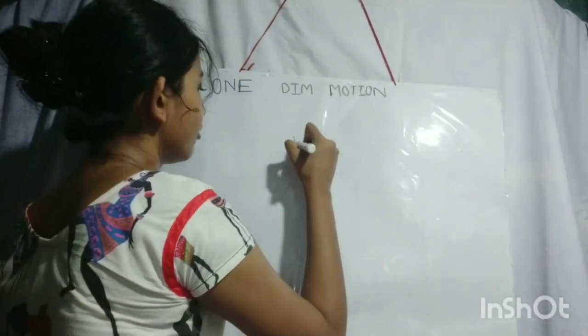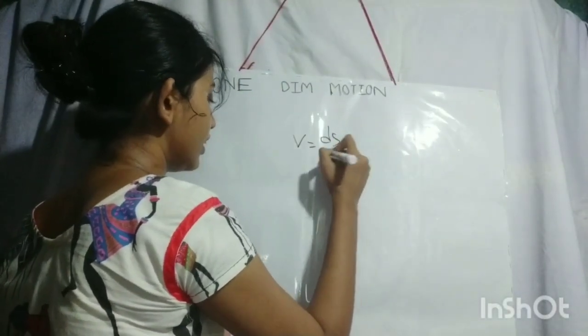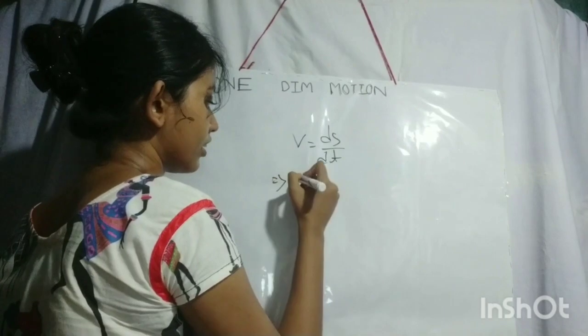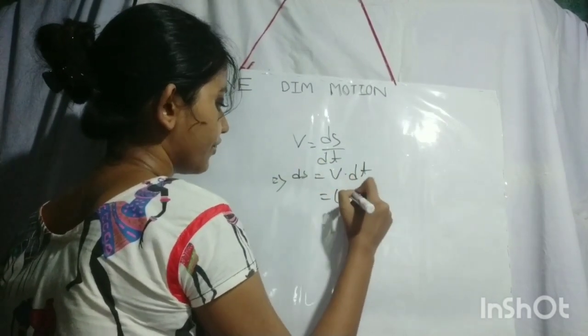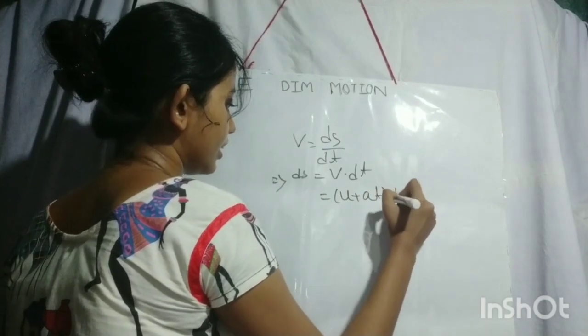Let's find another rule. v equals ds upon dt, or ds equals v into dt, with v equals u plus at.